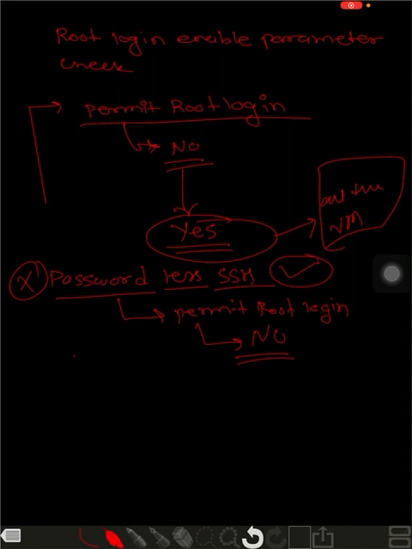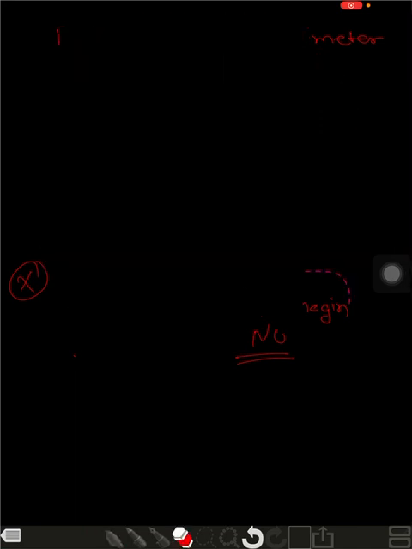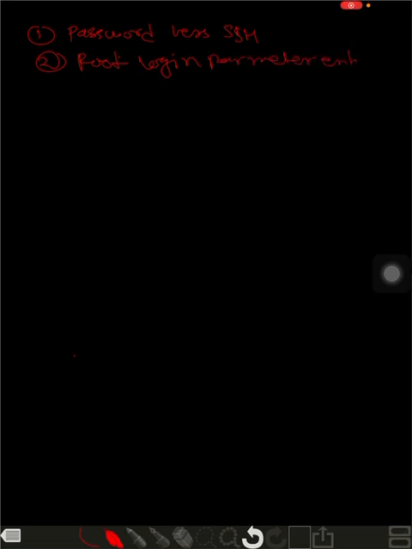So these are the 3 prerequisites to be done at the OS level. A quick recap: first is passwordless SSH, second is root login parameter enable, and the third and most important is updation of the sudoer file.